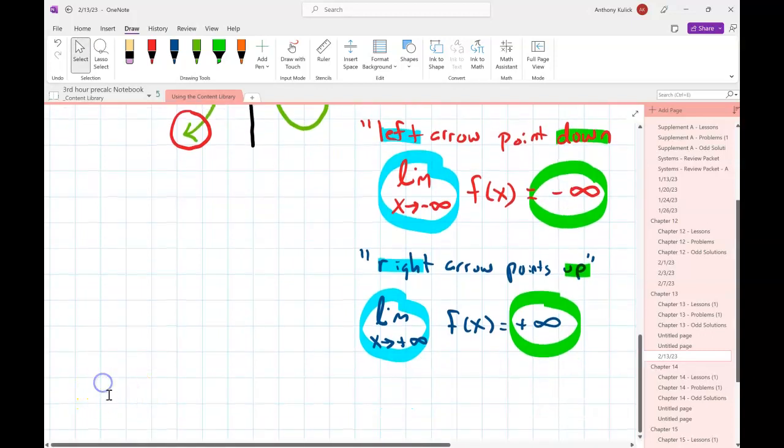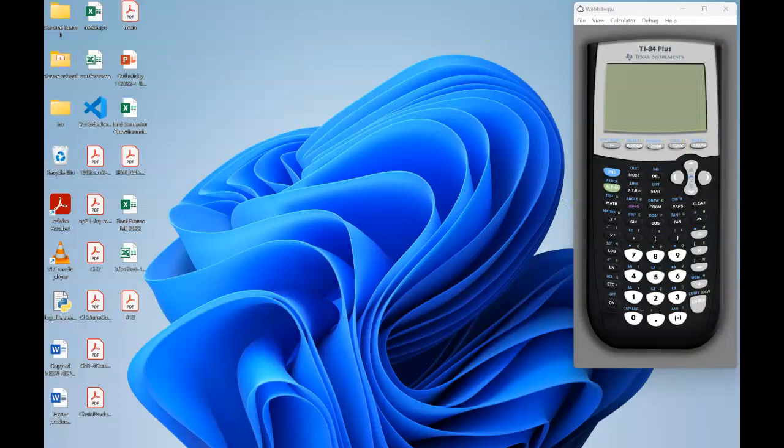Could you do the same thing using a table of values?